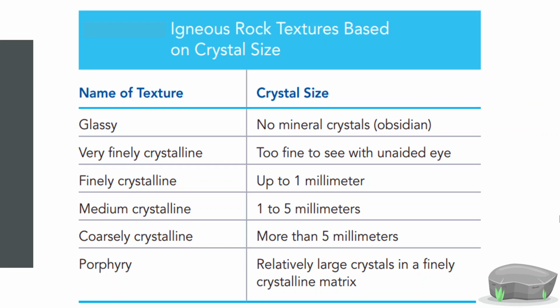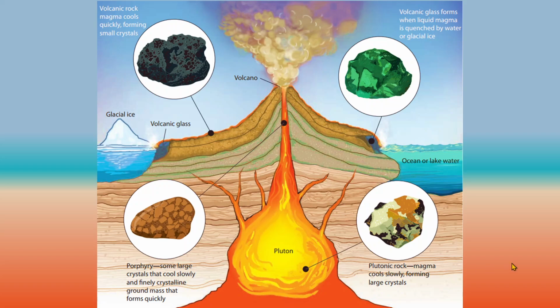Finely crystalline, up to 1 millimeter. Medium crystalline, 1 to 5 millimeters. Coarsely crystalline, more than 5 millimeters. And porphyry, where the crystal size is relatively large crystals in a finely crystalline matrix. So we can see here that there are many igneous rocks in different positions and locations outside and inside a volcano.